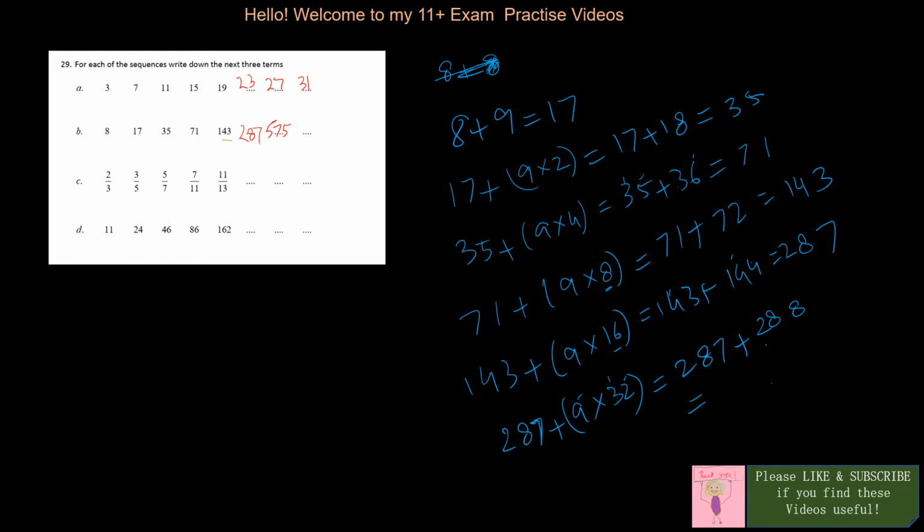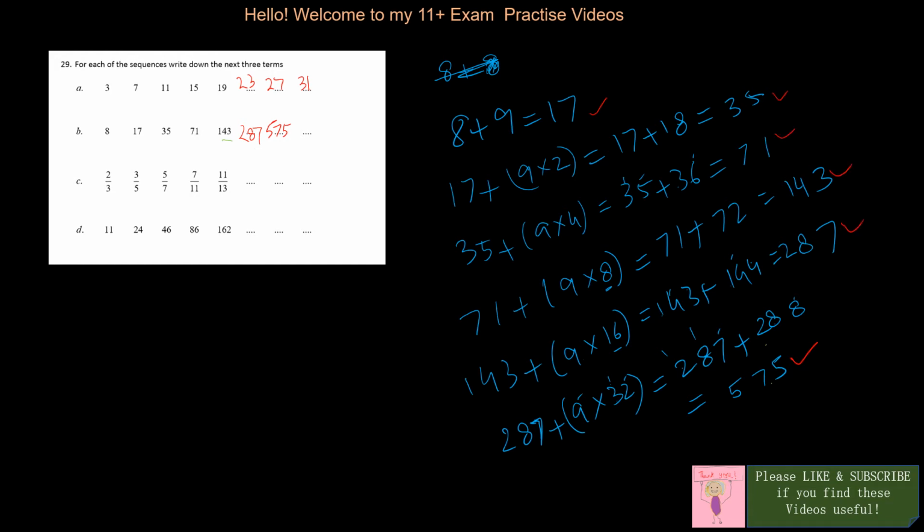And what will you get? You will get 575, which is correct. So this is correct, that's correct, right.